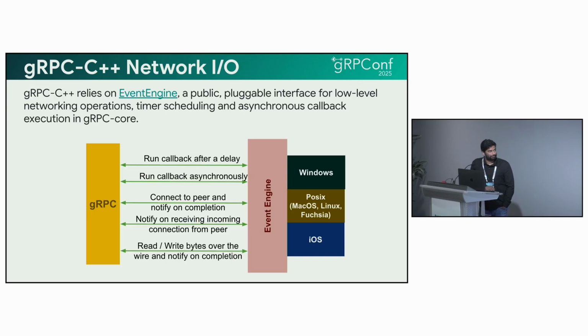It's a public pluggable interface for low-level networking operations. And gRPC relies on event engines for several critical internal tasks, like, for example, running an internal callback, connecting to a peer, reading, writing bytes over the wire, and so on. And we have different implementations of event engine, which are platform specific.